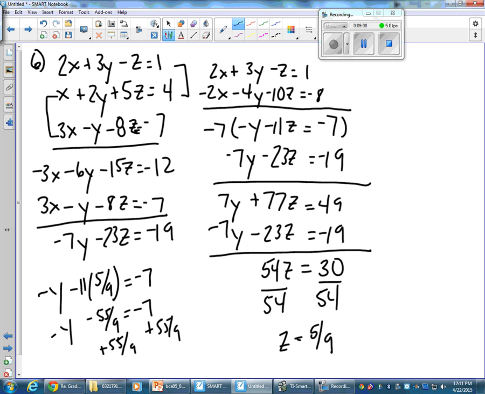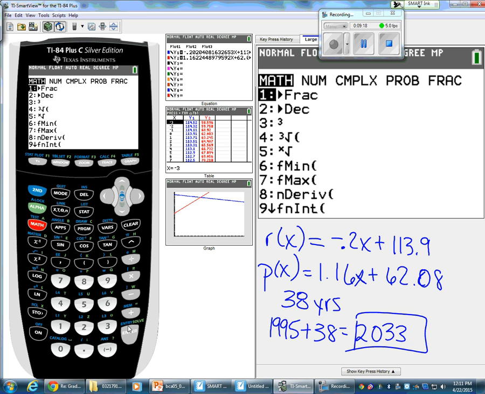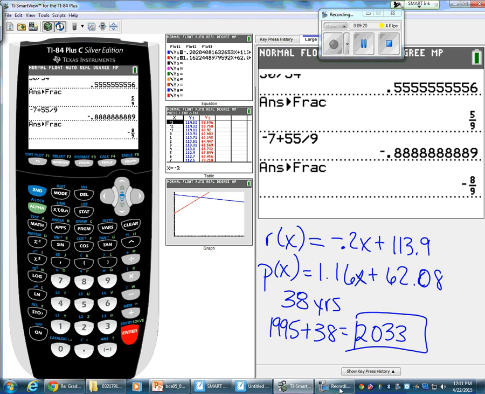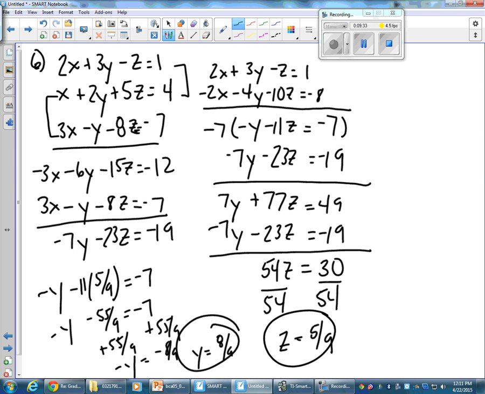So just on your calculator, do -7 plus 55/9. And again, that's going to be a decimal. So math, enter, enter. So I get -y equals -8/9. So y equals 8/9. So now I have two of my answers. y is 8/9, z is 5/9.